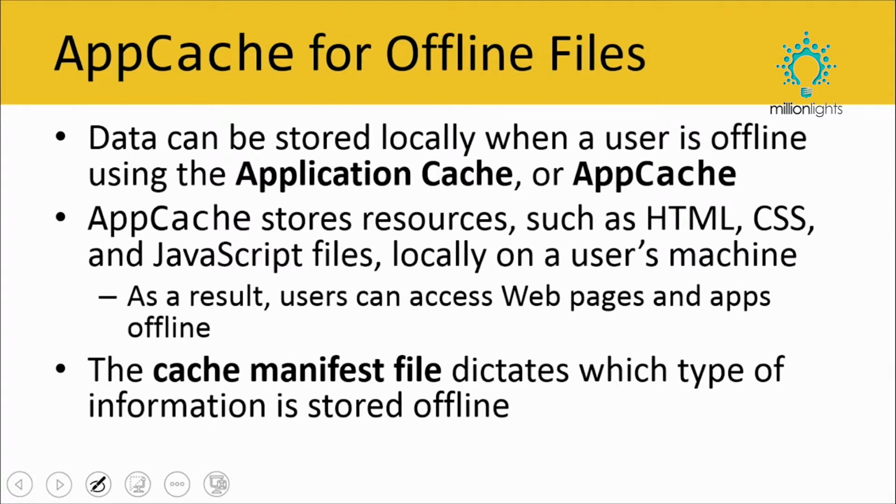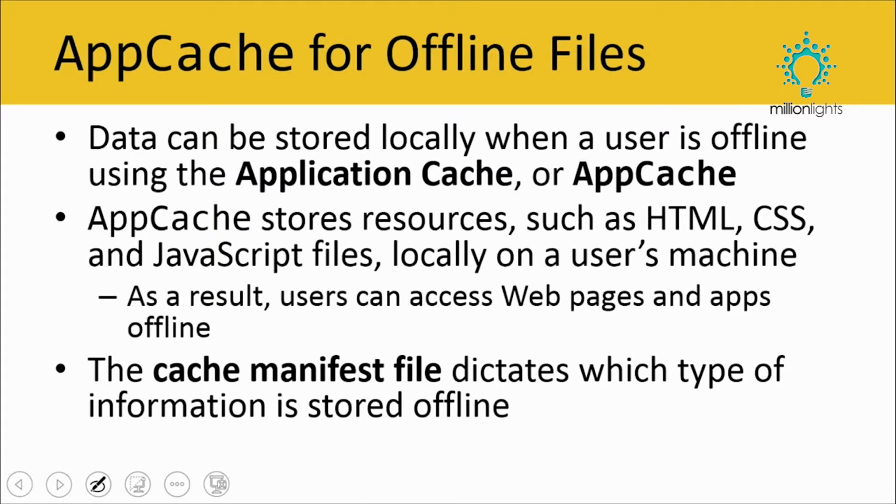All right. Another really important aspect of JavaScript that you need to understand is AppCache for offline files. If we want users to be able to access our web pages or our web apps when they're offline, we're probably going to want to implement AppCache. Okay?